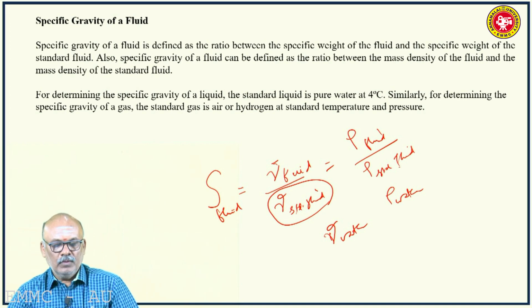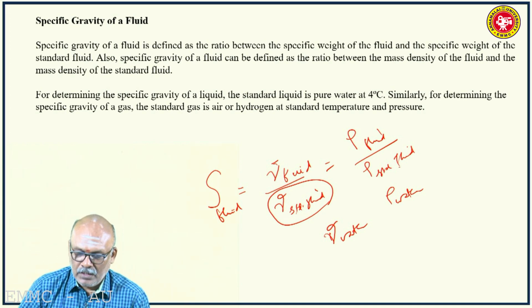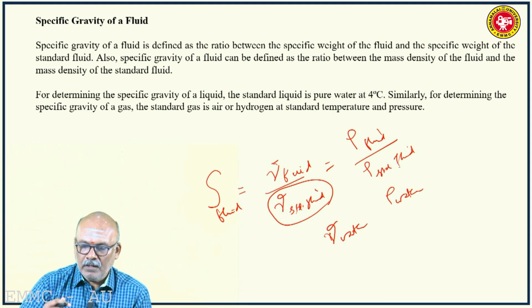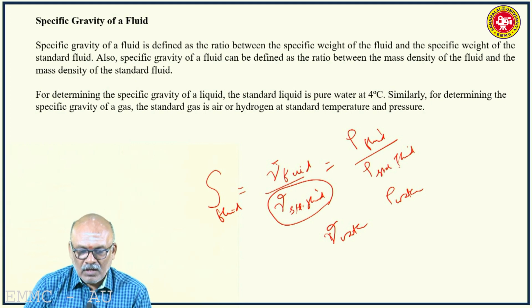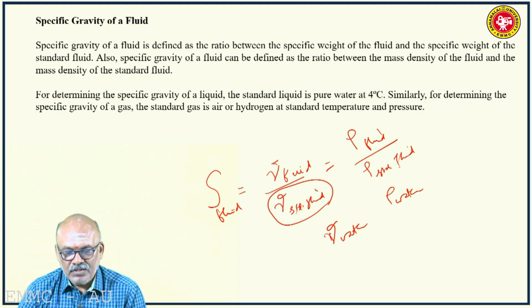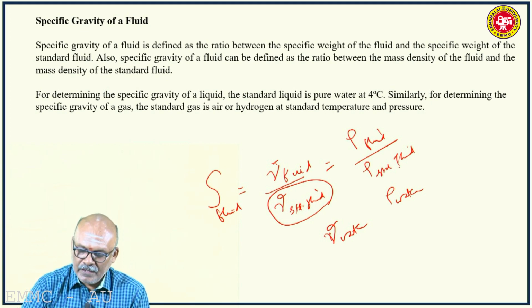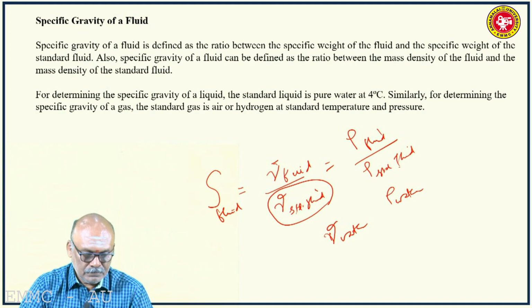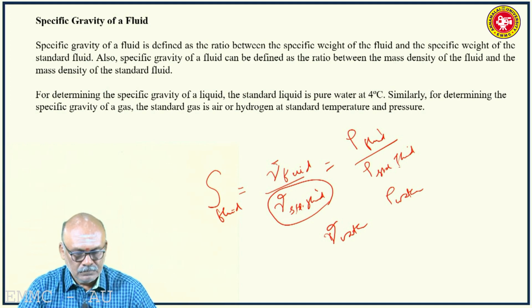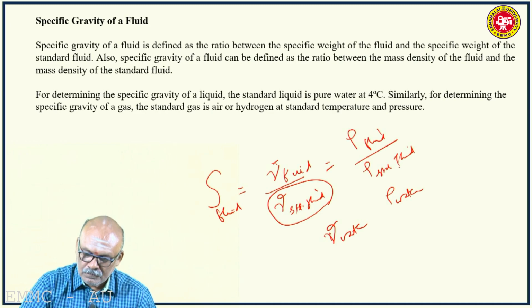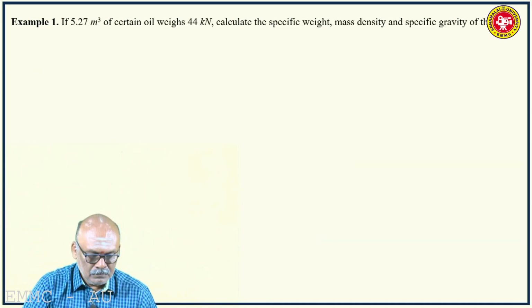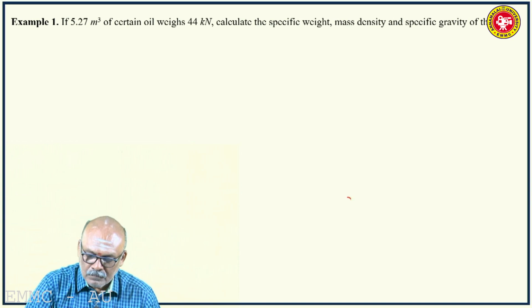When it comes to liquid, the temperature is important. So we have to compare at the same temperature. Whereas when it comes to a gas, we have to compare the specific weights or the mass densities at standard temperature and pressure, STP we call.